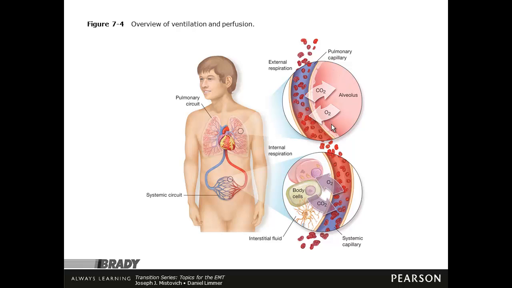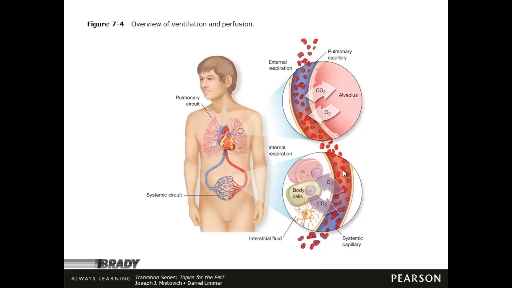So in the pulmonary beds, blood which has more carbon dioxide than oxygen will tend to give up its carbon dioxide, which will want to equalize with the air in the alveoli, and the higher concentration of oxygen in the alveoli will tend to diffuse oxygen into the bloodstream to attach to the red blood cells.